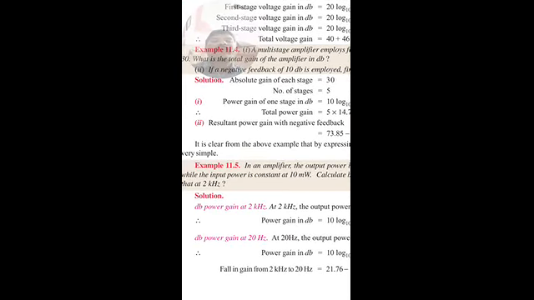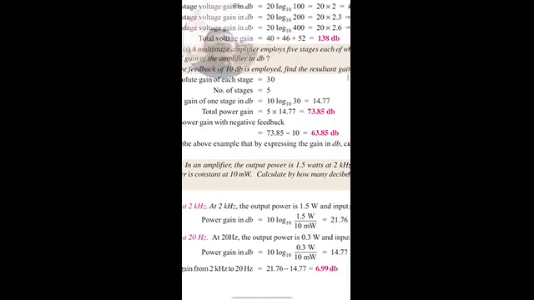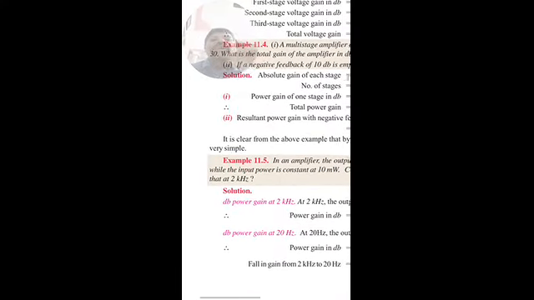Another example, an amplifier. The output power is 1.5 watts at 2 kHz and 0.3 watts at 20 Hz, while the input power is constant at 10 milliwatts.